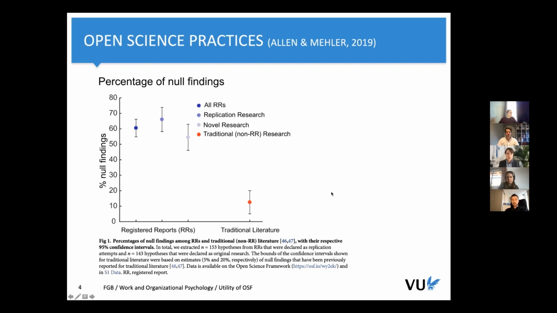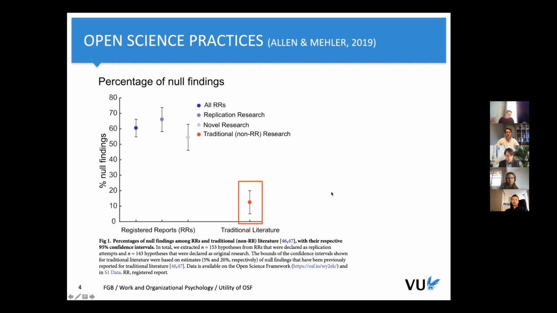As you can see in the lower right corner, we have effects that can be found in traditional literature. It's a literature that does not utilize pre-registrations or registered reports. And here the main indicator of the effects of introducing open science is the representation of null findings.